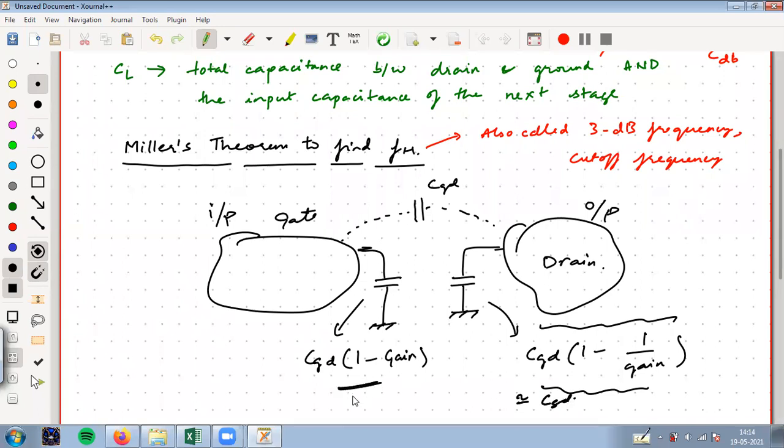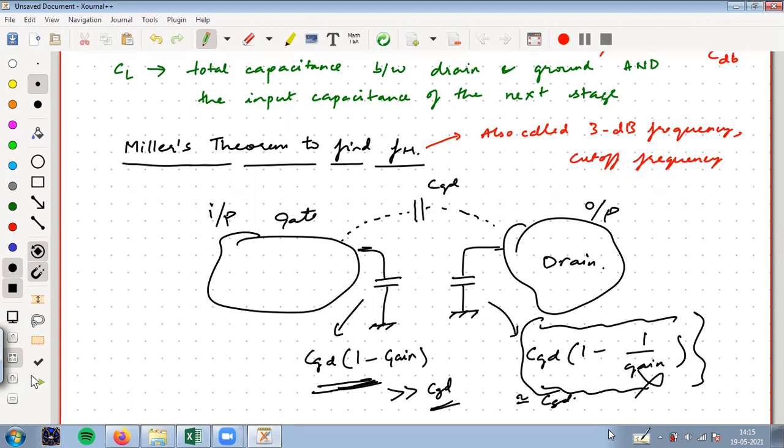But here it is CGD into (1 minus gain). Gain is a large value, which makes this entire value much greater than CGD. That is why at the output side, you do not mention this part. Why? Because it is not required. It's already a small value, and it is connected to ground, so it will not impact your method of finding the cutoff frequency much.